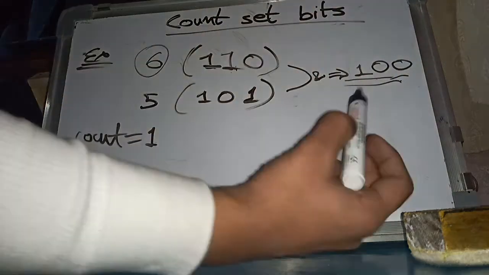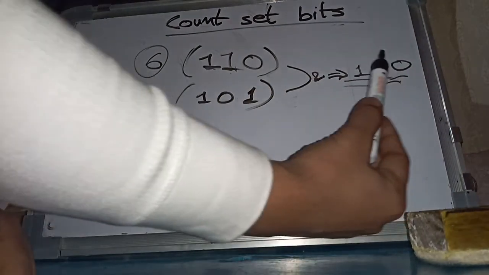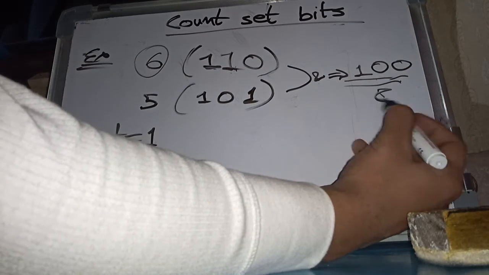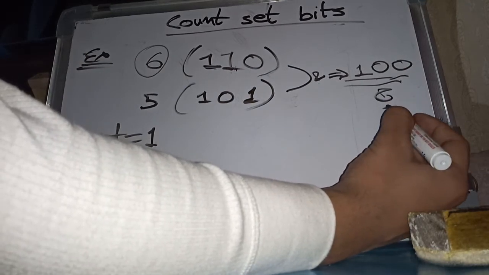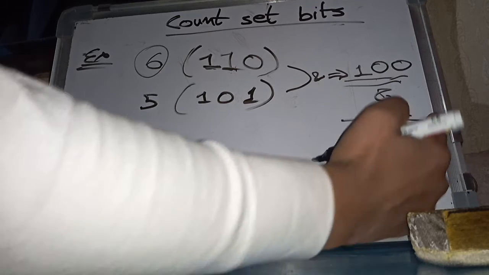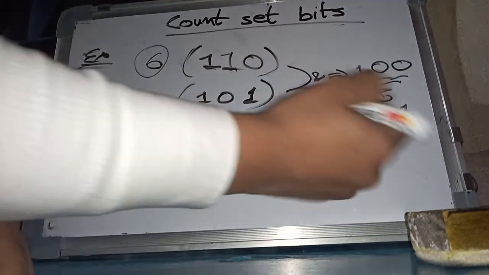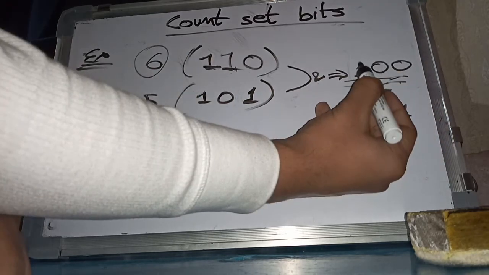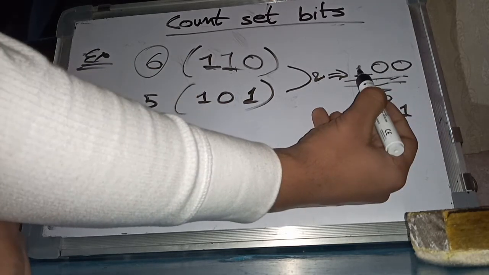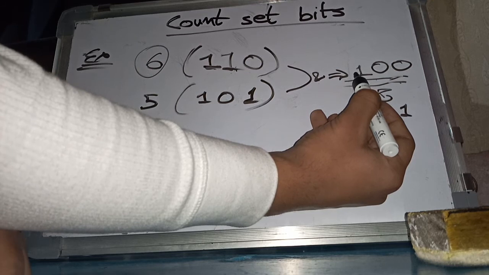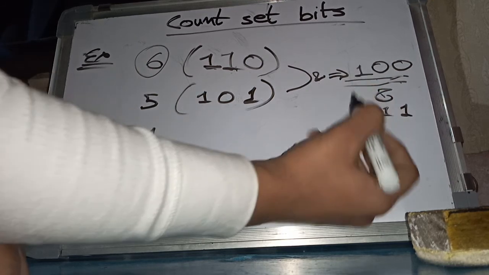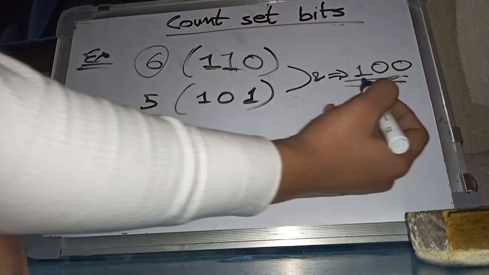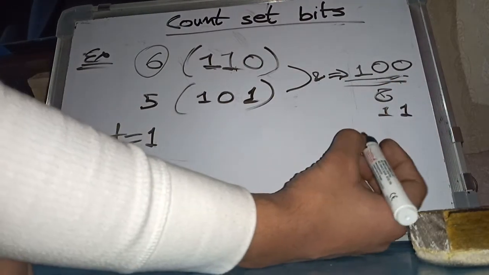This number is actually 4, and if I AND it with 3, what would I be doing? I would be inverting the rightmost set bit. The rightmost set bit is the only set bit in this number 4, and I would be inverting it.